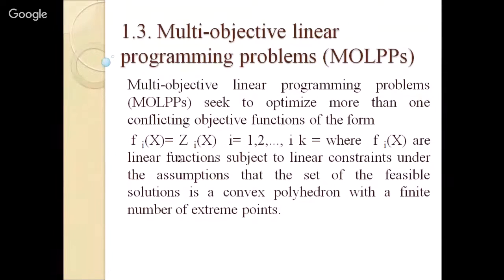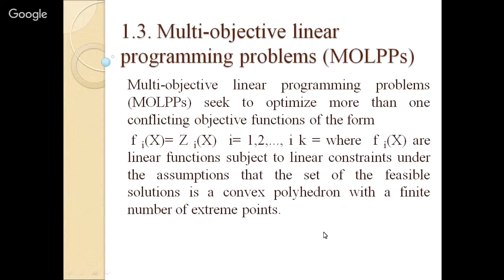So we have to optimize more than one objective function. For example, optimize fi(x), i equal to 1 to k, where fi are linear functions subject to linear constraints, under the assumption that the set of feasible solutions is a convex polyhedron with a finite number of extreme points.